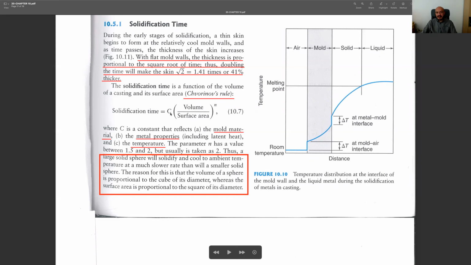Let's focus on C. What kind of things are affecting C?